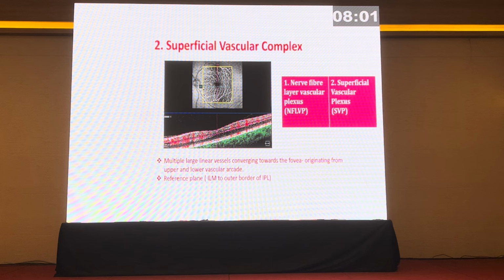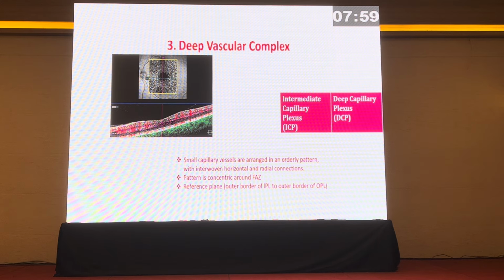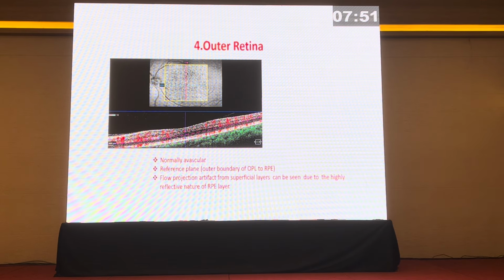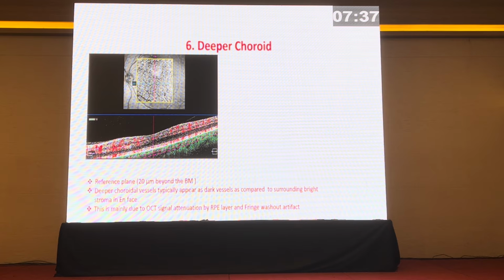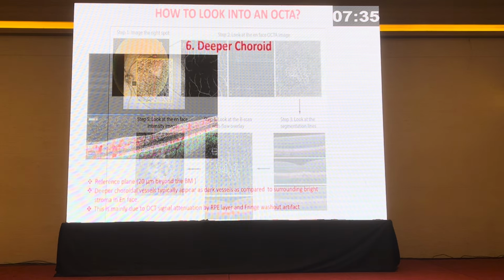Then we go deeper into the deeper capillary plexus, where most of the vascular diseases make havoc. The intermediate and the deep are covered here. And then we have the outer retina, which includes the photoreceptors as well as the type 2 choroidal neovascular membranes, which move on top of the RPE into the outer retina. And then we have the choriocapillaris, in which the choroidal neovascular membranes are there. And finally the deeper choroid, in which maybe the polyps and all are there.